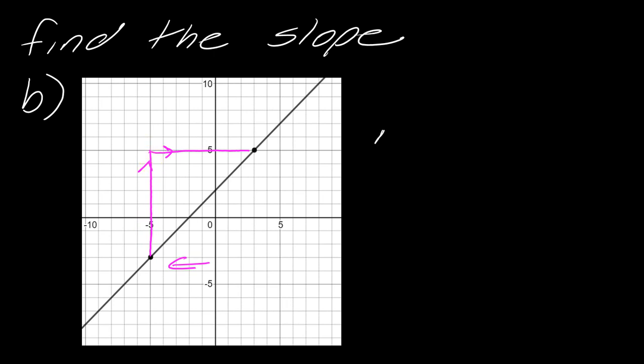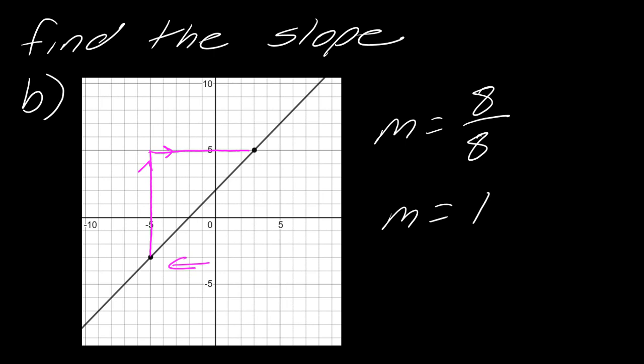So I went up 8, so it's positive. And then I go right 1, 2, 3, 4, 5, 6, 7, 8. So also 8. And so that just simplifies to 1. And so then that would be our slope.